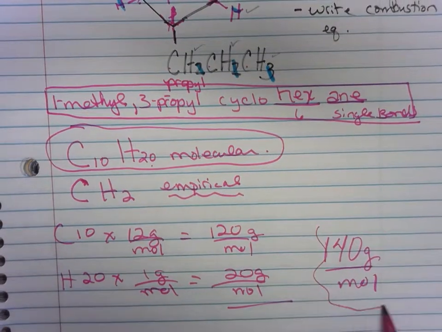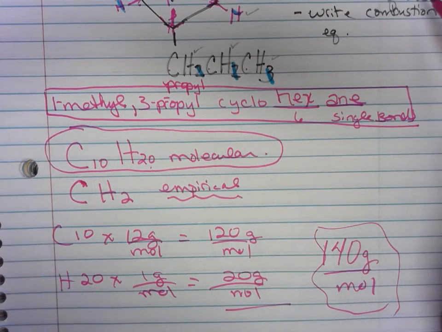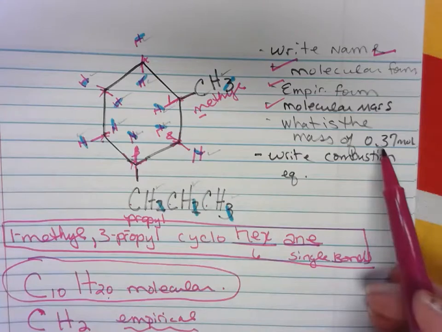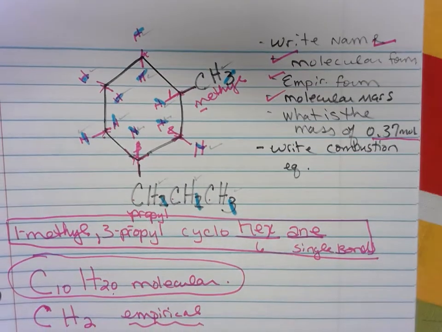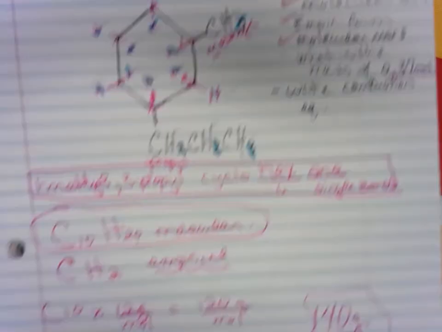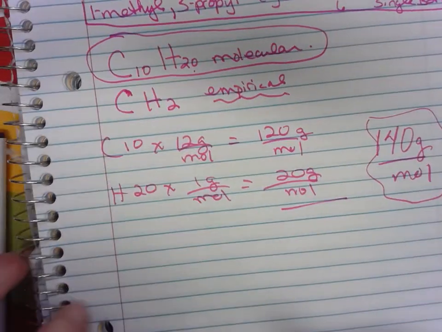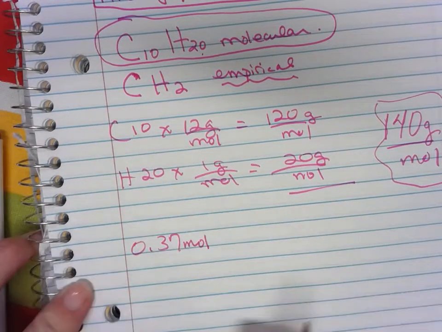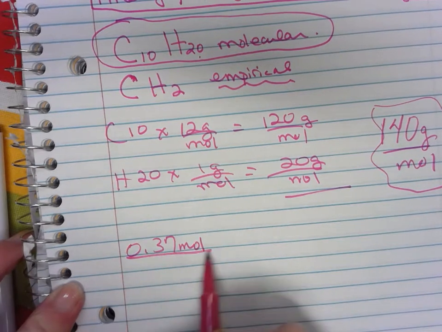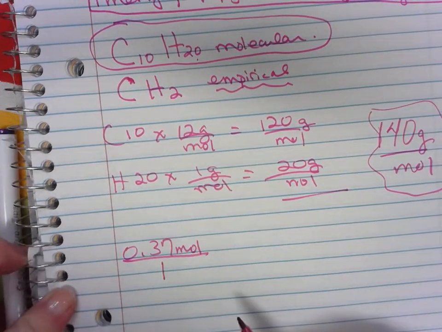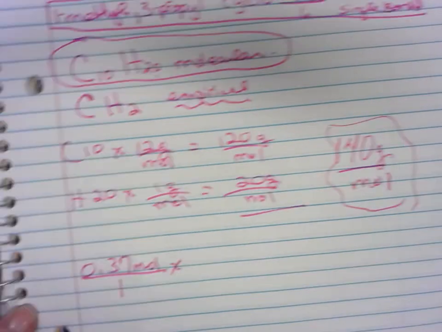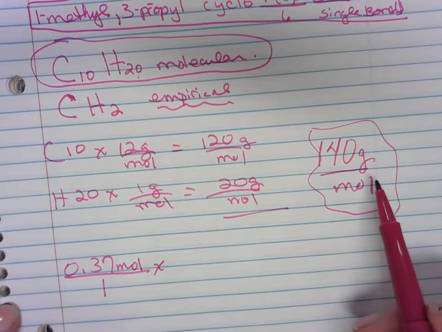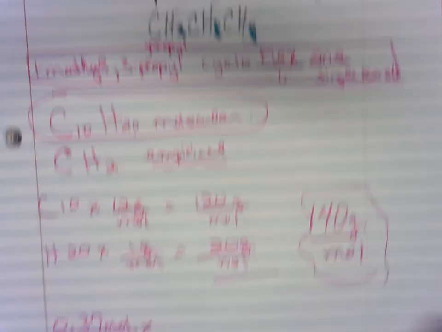Then we're asked a problem, what is the mass of 0.37 moles? So if we take this, we start with what we're given, 0.37 moles. Put it over 1 so that we have a top and a bottom. We want to end up with grams because the question asks us what is the mass.